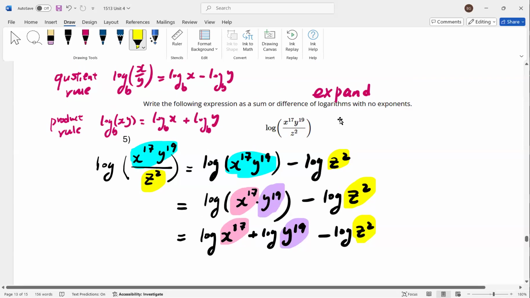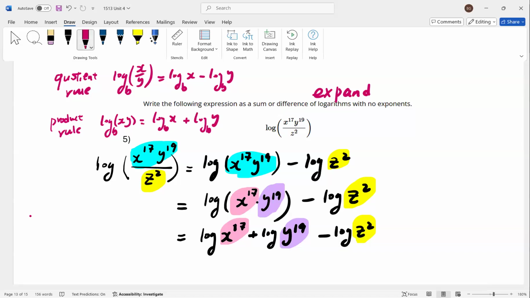It says with no exponents. So now the last step, we are going to get rid of the exponents. In all three logs in this expression, the arguments have a structure of a power. Since the argument has the structure of a power, we are going to use the power rule. This is a very good problem because we use all three formulas.